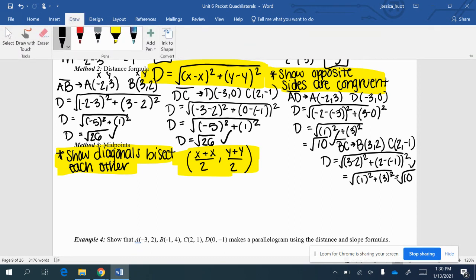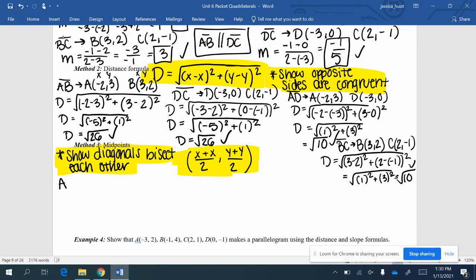Starting off, my one diagonal, AC. A has points at -2, 3. C has points 2, -1.